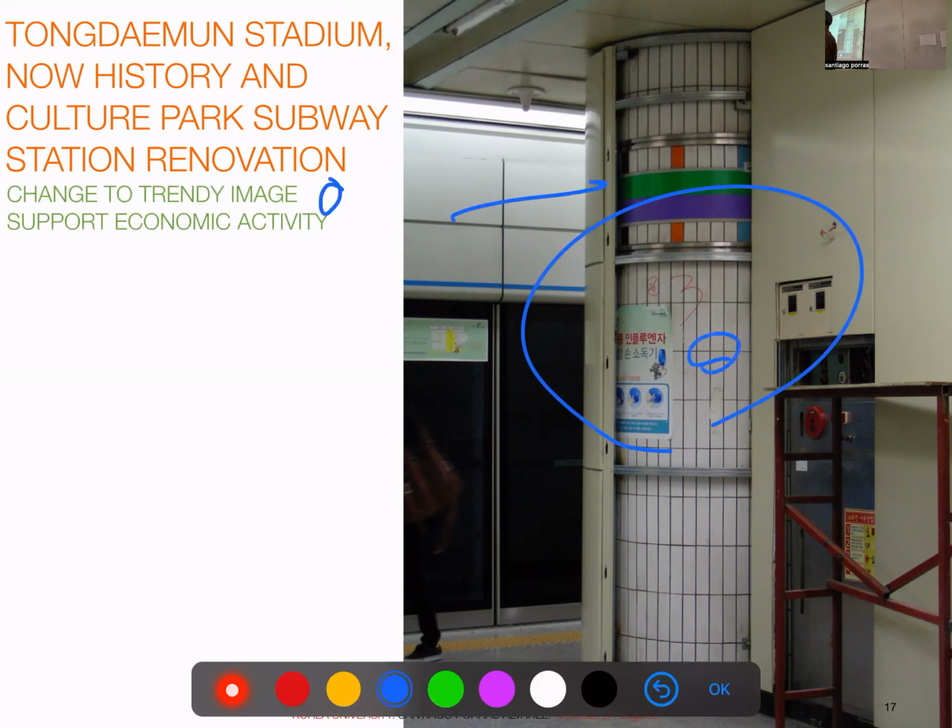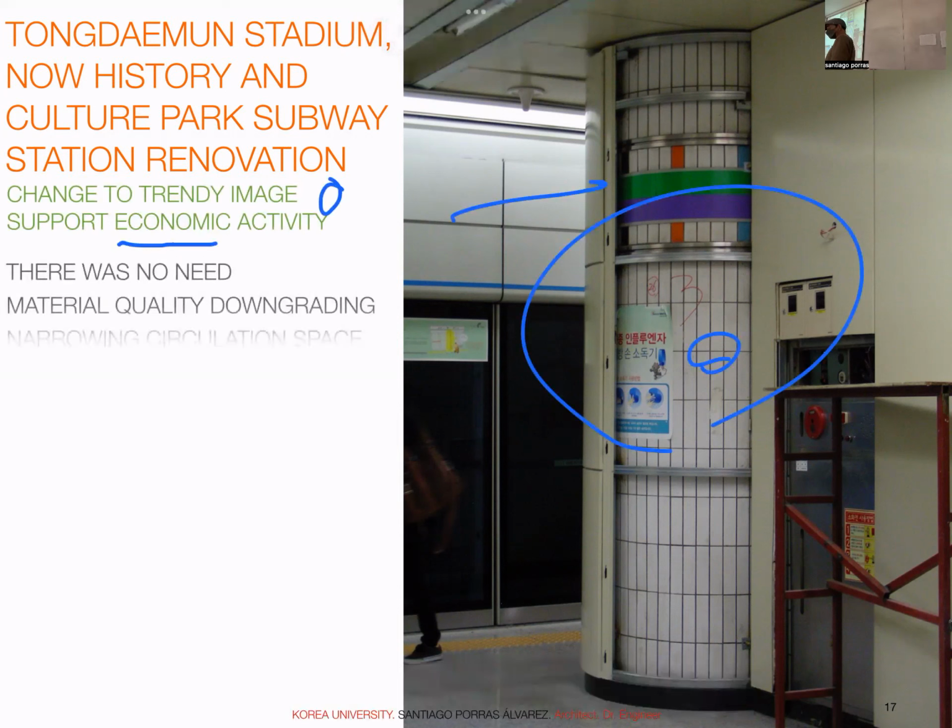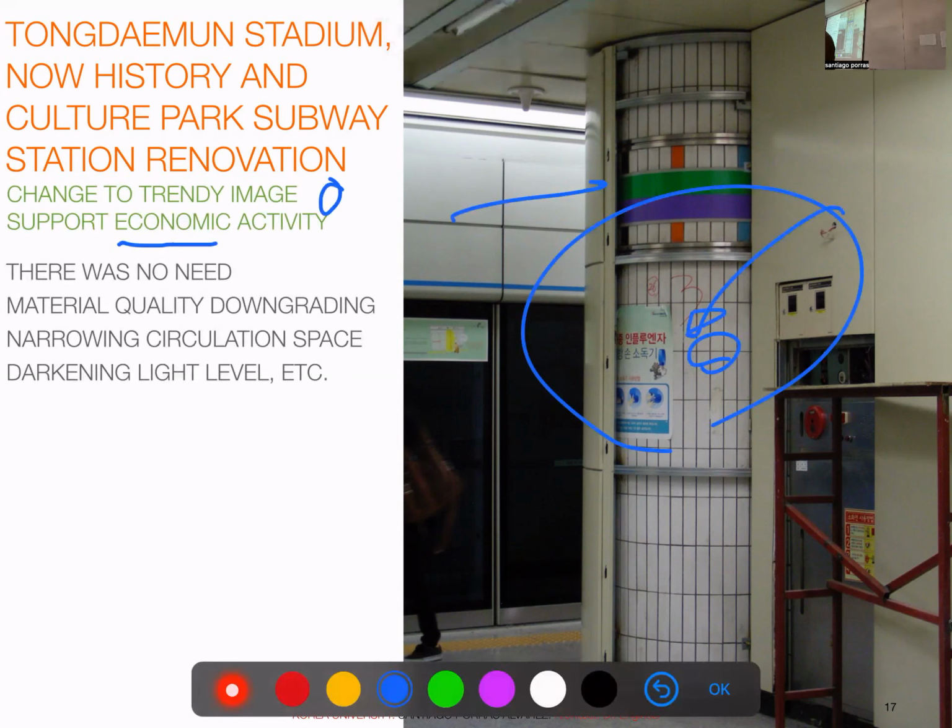Instead of the tile, they put those boards we know, which, okay, it's trendy, and somebody was working on it. So it is moving the economy of the city. It was positive. But actually, there was no need. The tiles were really excellent quality. One thing that Seoul subway has is very good quality materials.